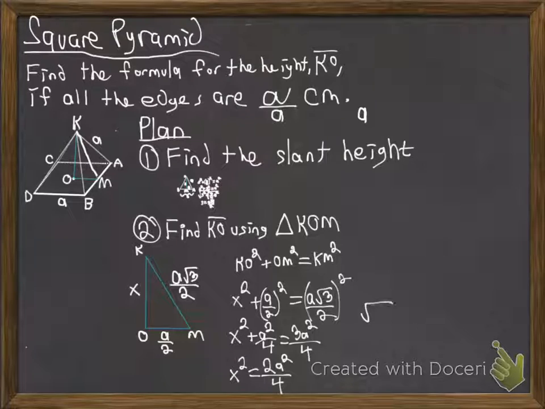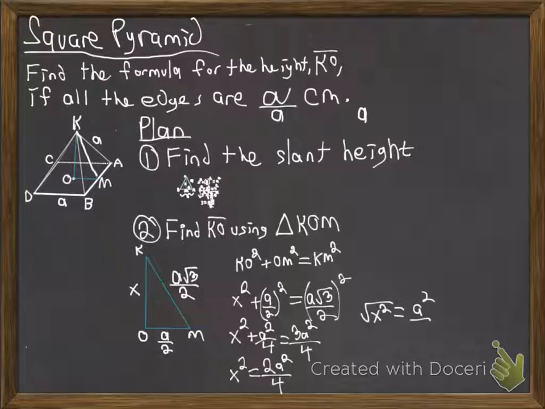So take the square root of that thing, and we get X equals A over root 4. Oopsie, oh, I made a mistake. So let's backtrack.